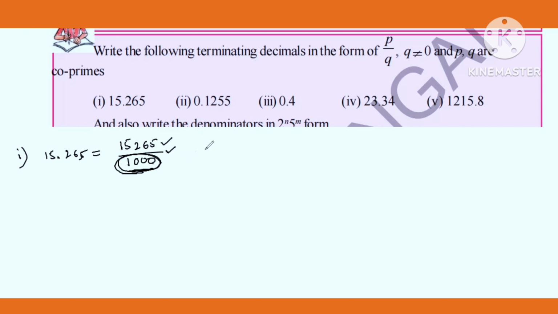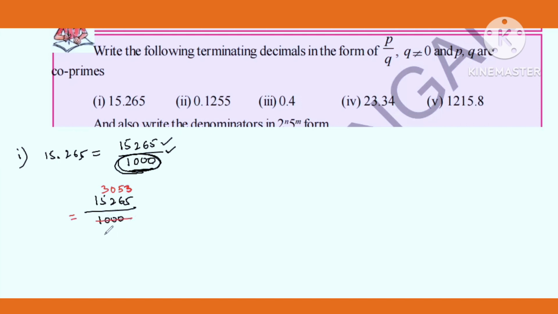Now see, I'm taking once again 15,265 and 1000. I'm dividing with 5. Both you can divide with 5. 5 3s are 15. Yes. And 2 we can't divide, so I'm taking 0. 5 5s are 25, and 1 is remainder. 15, 5 3s are 15.